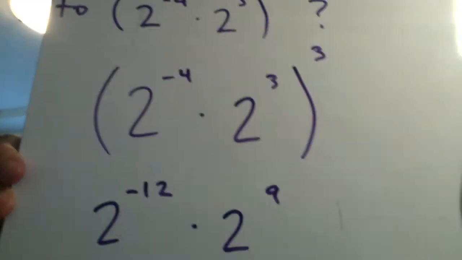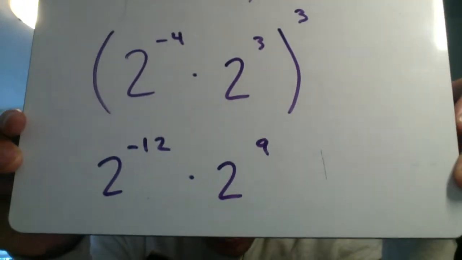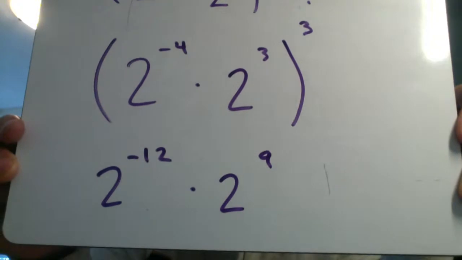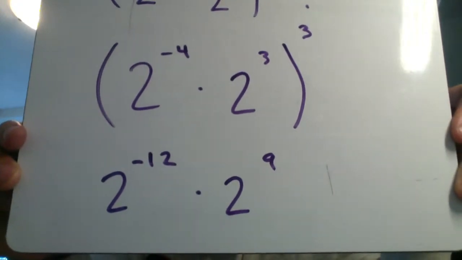So it's 2 to the negative 12 times 2 to the 9th. Negative 4 times 3 is negative 12. 3 times 3 is 9. So that's our other option. Hope everyone saw that.